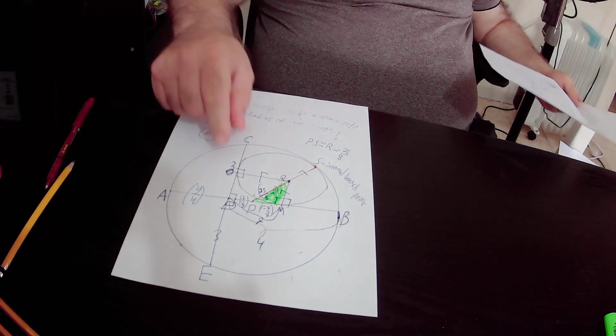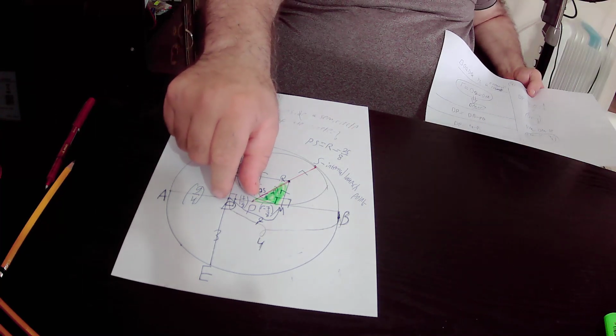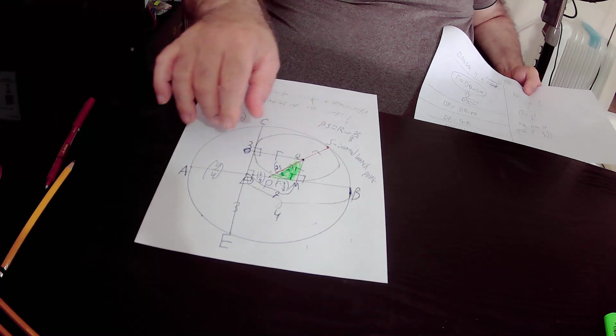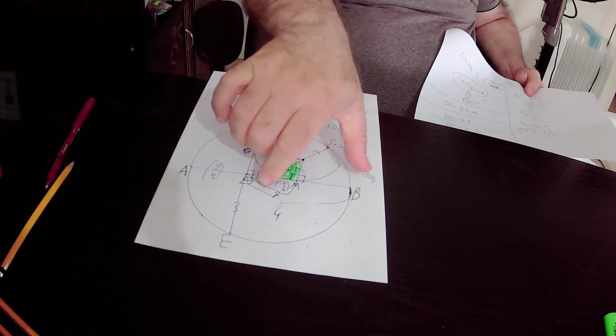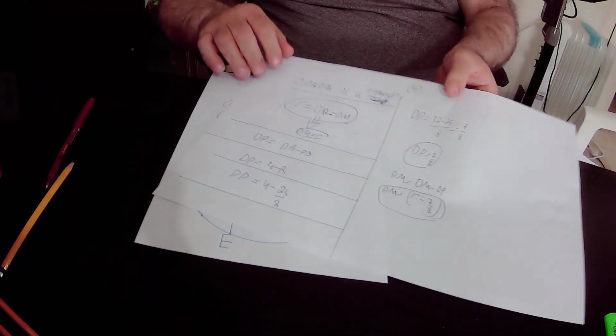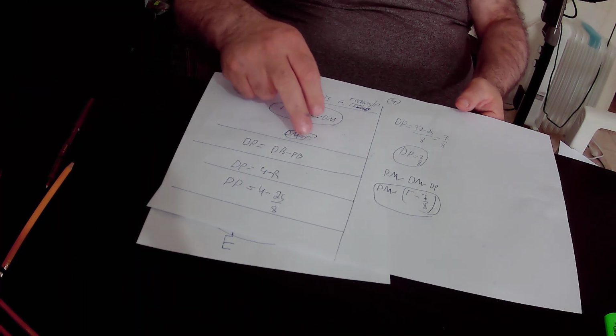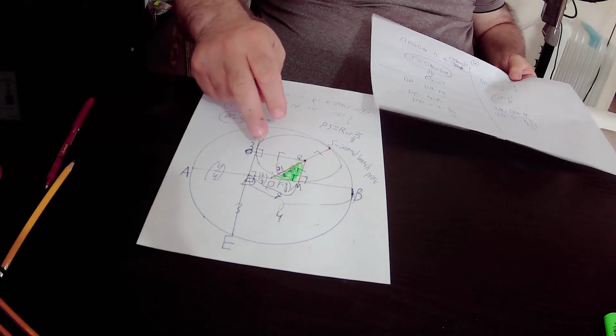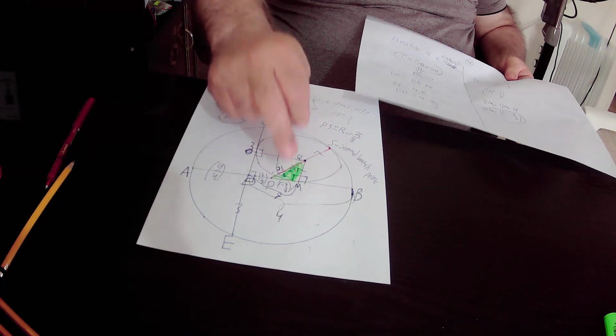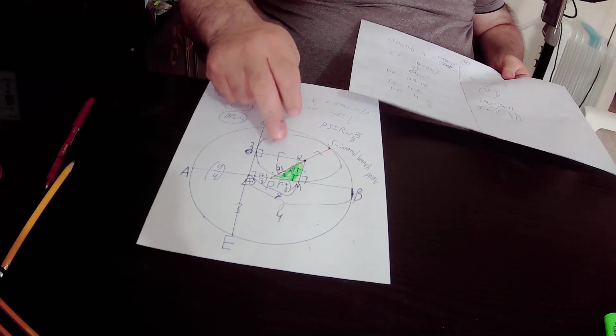Then we found the length of the small line segment DP. From the drawing it is very easy to see that DP equals DB minus PB. DB equals 4 units according to what is given in the question.